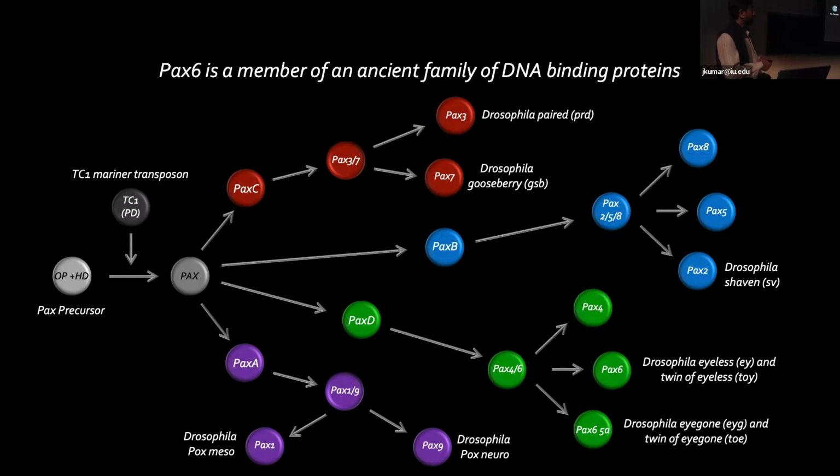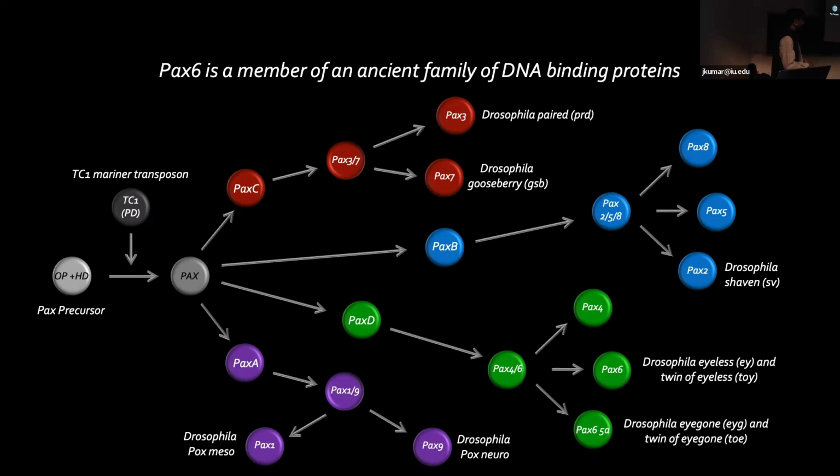The idea is that a Tc1 transposon, which has a domain that looks very similar to a modern-day paired domain, inserted into this coding gene and gave you a PAX precursor that now has two DNA binding motifs, a paired domain and a homeodomain. From that original precursor, there were multiple duplications over evolutionary history, and the one we care about today is PAX6.